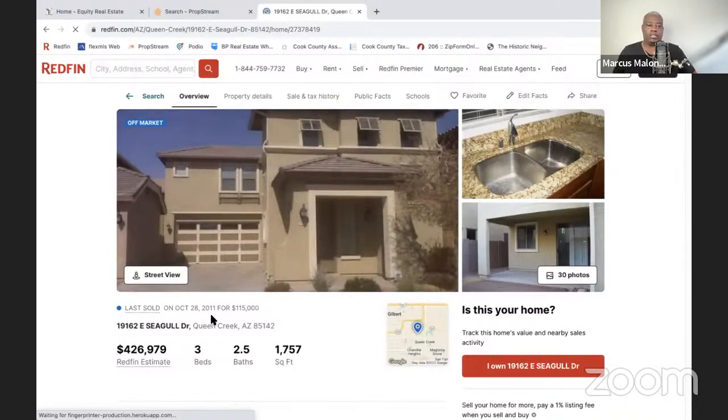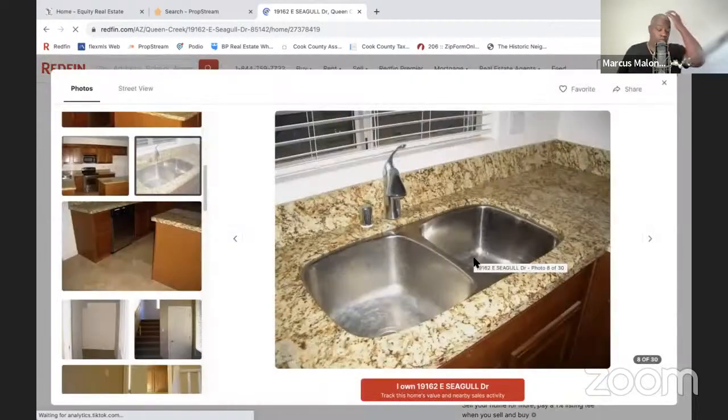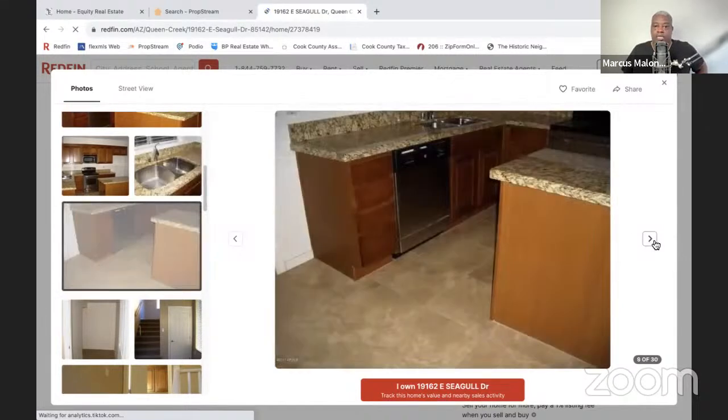Property last sold in 2011 for $115,000. All right. Let's kind of look, because what we want to do is we want to see the condition of the property to see if it's been updated or anything like that. Okay, we have older looking granite, older looking tile.